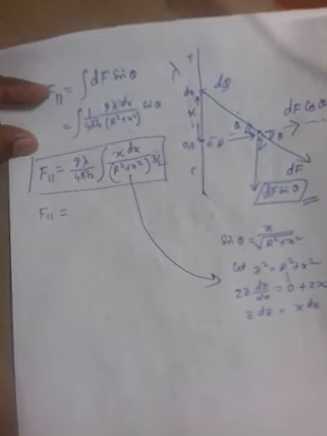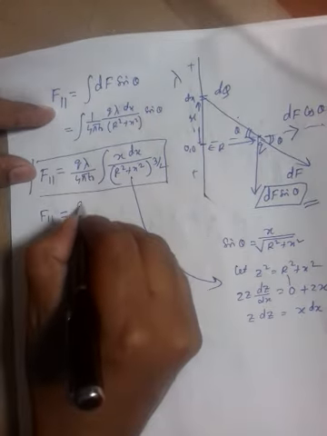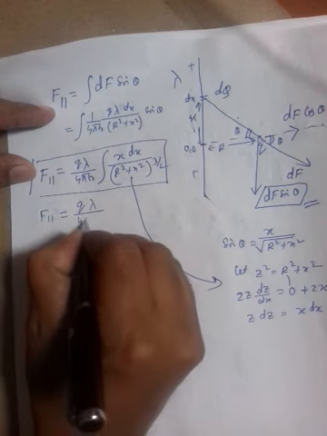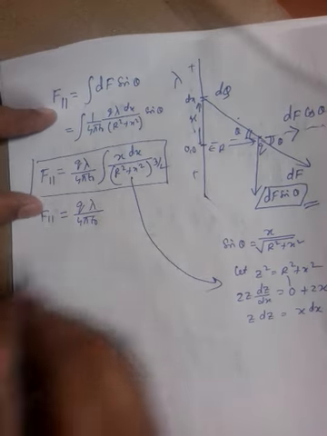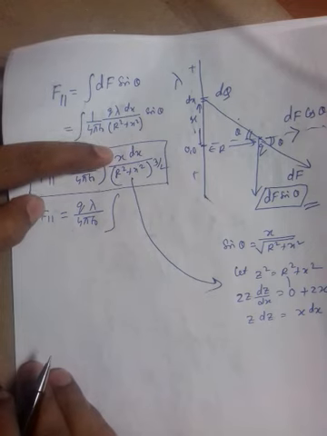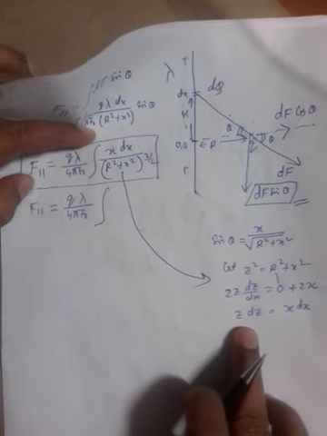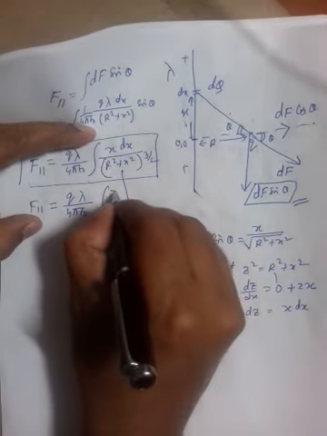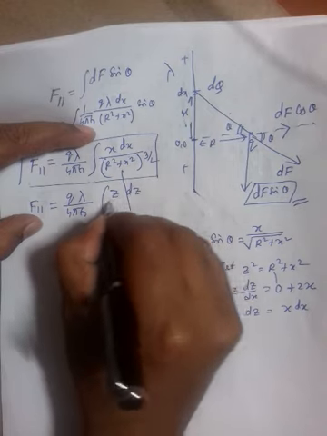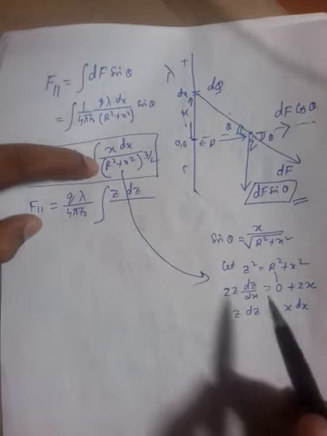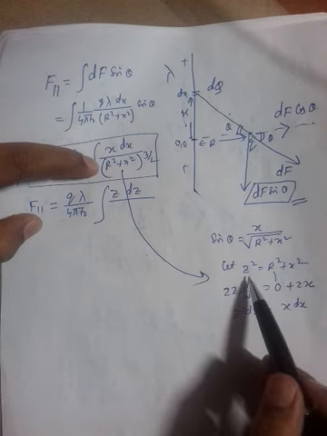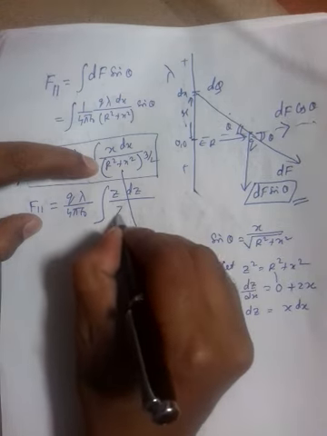Force in the parallel direction we are calculating. Q lambda by 4 pi epsilon naught is present. Integration is there. Instead of x dx, I am going to write z dz. Instead of r square plus x square, r square plus x square is our z square, so we will write z square.